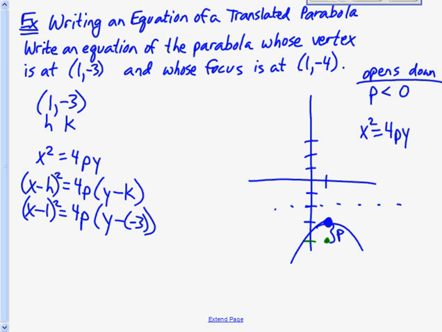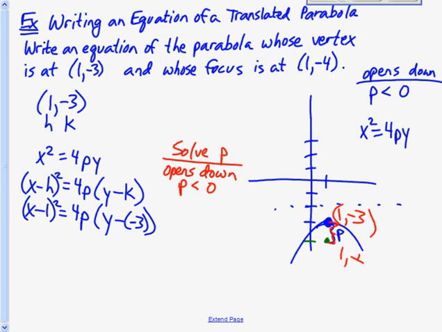Let's go to the side here and solve for p. We know this thing opens down, so our p must be negative. And p is, again, the distance between the vertex and the focus. This one's really easy because it goes from (1, -3) to (1, -4). So that p distance here is 1, going from -3 down 1 to -4. And since it's negative, p must be -1.